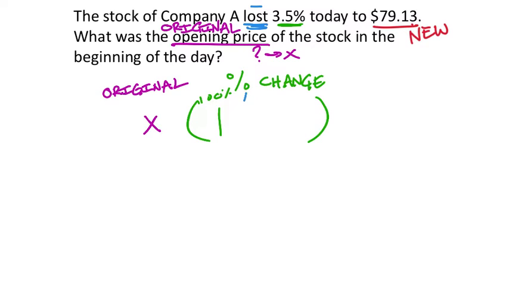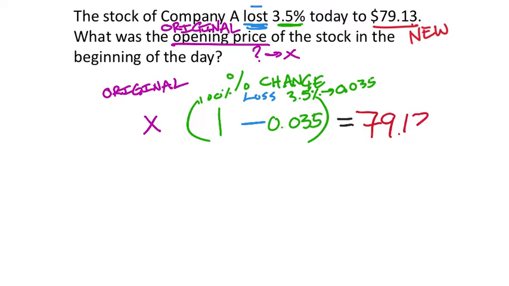And since we're applying a loss, this is going to be subtracting the percentage that it was, which was 3.5%, which as a decimal is 0.035. Okay, so 0.035 subtracted from that. That would have been the new price, which was $79.13.